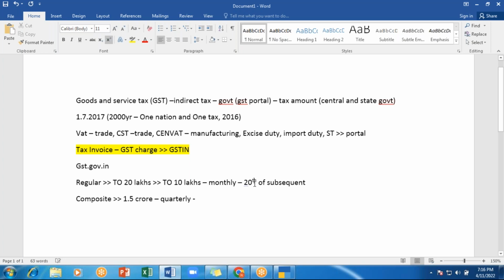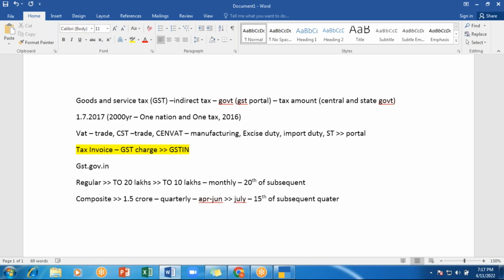And what about quarterly? The first quarter is April, May, June. April to June tax you'll file in the month of July. The due date will be the 15th of the month after the quarter.